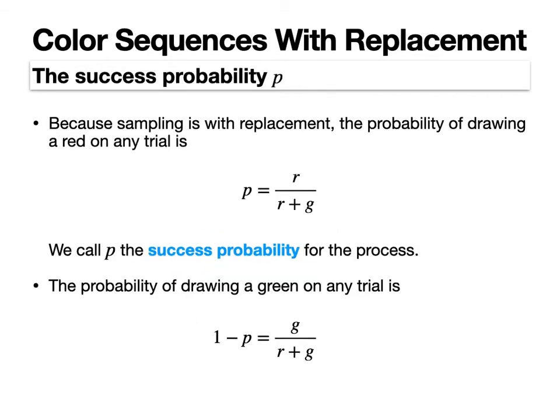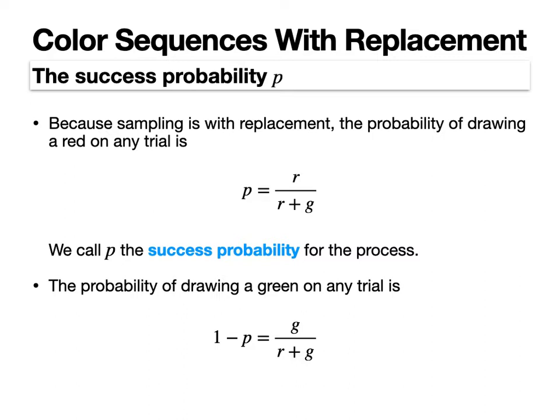So one of the first things to think about in terms of this process is what we call the success probability. Because the sampling is with replacement, the probability of drawing a red on any trial is simply the ratio of the number of red balls to the total number of balls. And this is, again, because we're sampling with replacement.